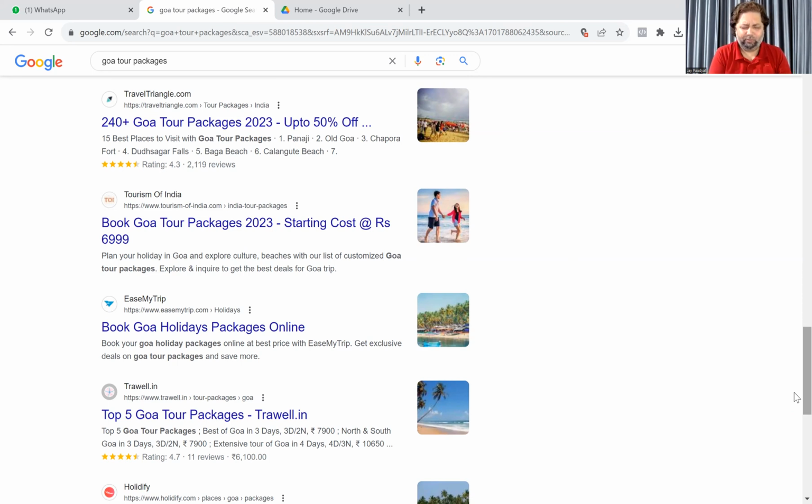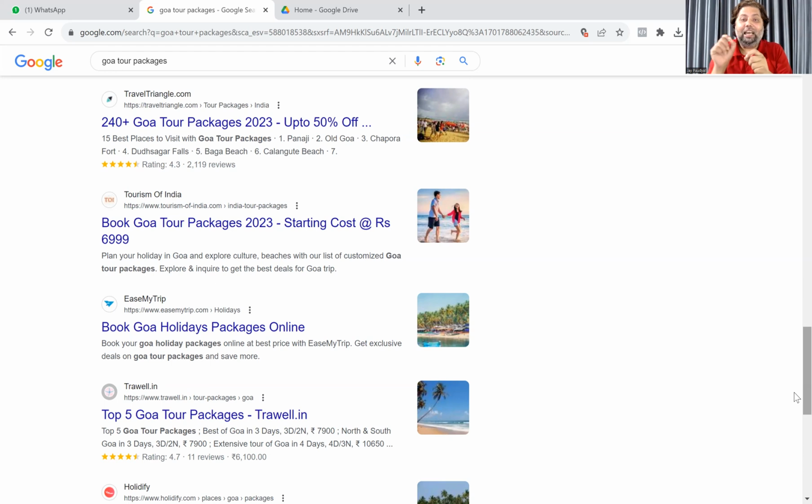It's kind of invented brandable domains, right? If I had Goatourpackages.com here, or if I had Goavacation.com here, what are the chances of clicking that particular domain?